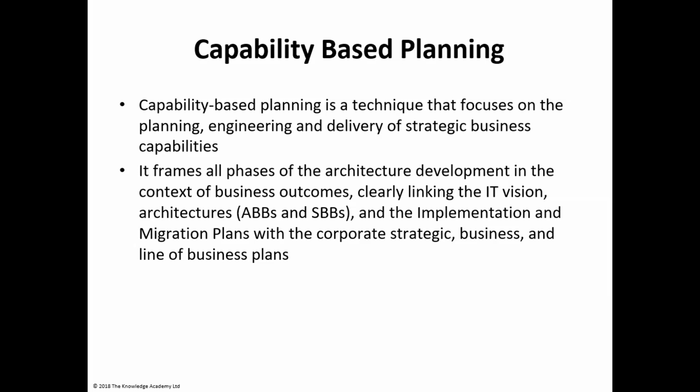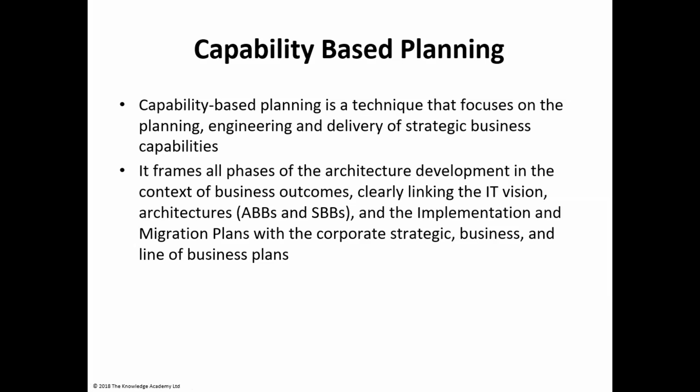That could be the organization roles, responsibilities, skill set, process; all these are capabilities. Capability-based planning is a technique that focuses on planning, engineering, and delivery. In other words, it focuses on the business outcome. Please remember that. It always focuses on what exactly the outcome should be.